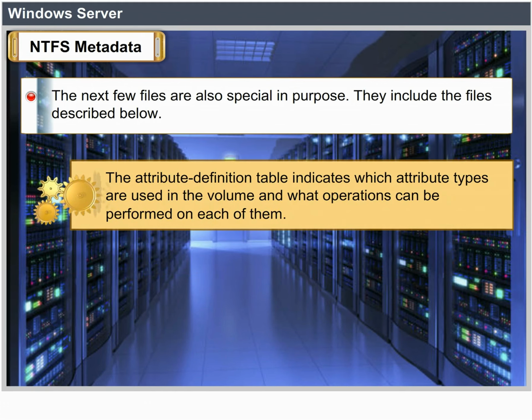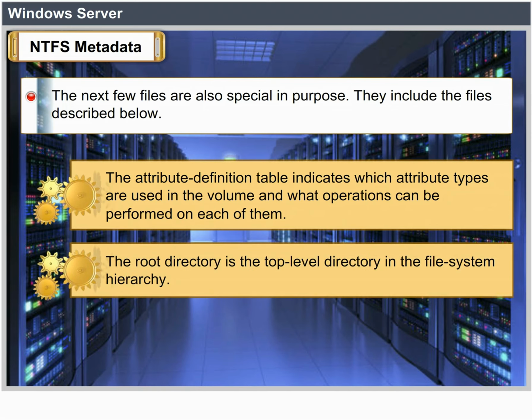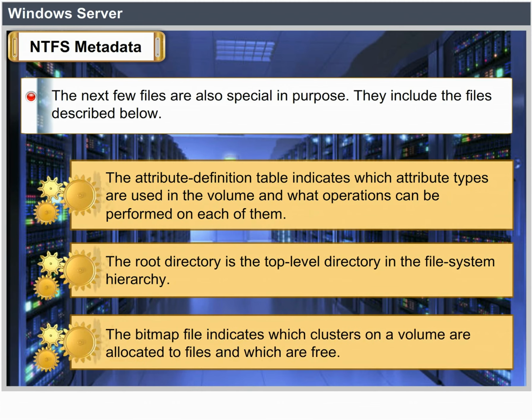The attribute definition table indicates which attribute types are used in the volume and what operations can be performed on each of them. The root directory is the top-level directory in the file system hierarchy. The bitmap file indicates which clusters on a volume are allocated to files and which are free.